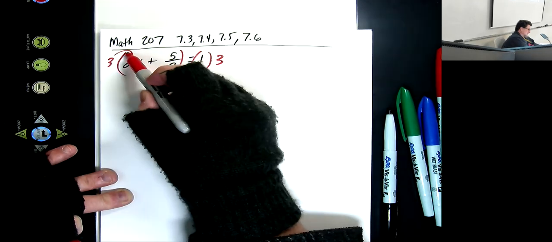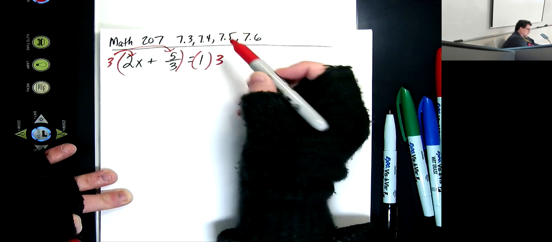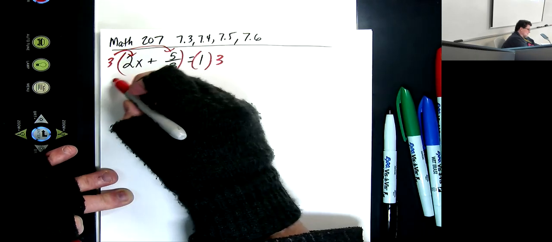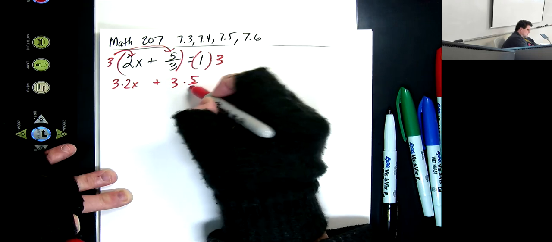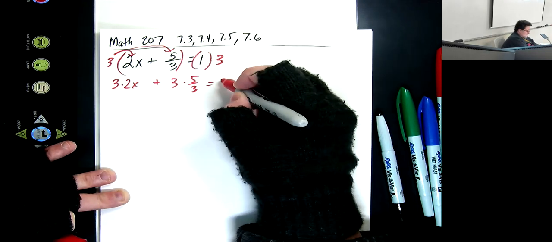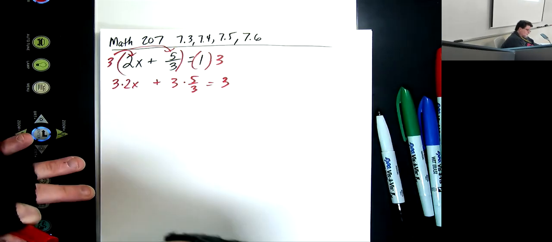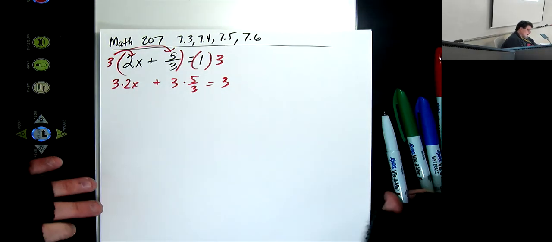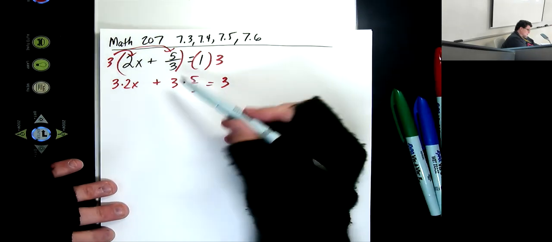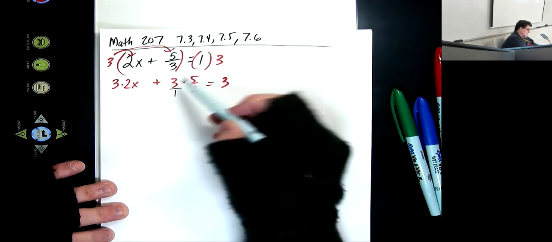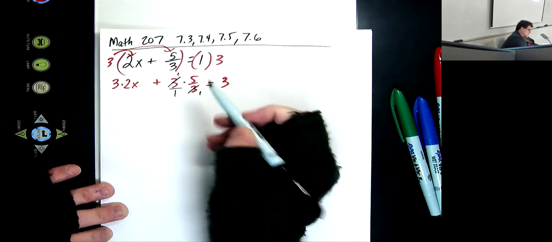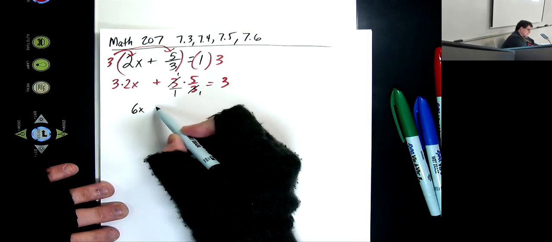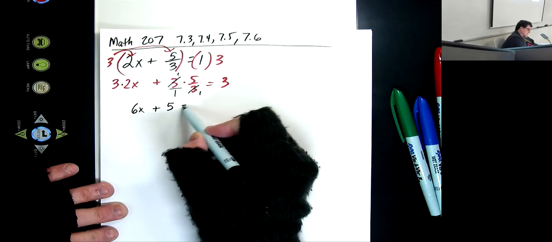Oh, that's fine. We've got to make sure we distribute to both. So I've got 3 times 2x plus 3 times 5/3 equals 1 times 3, which is 3. On this fraction, this is like 3/1, the 3s cancel out, and I'm left with 3 times 2x, which is 6x, plus 5 equals 3.